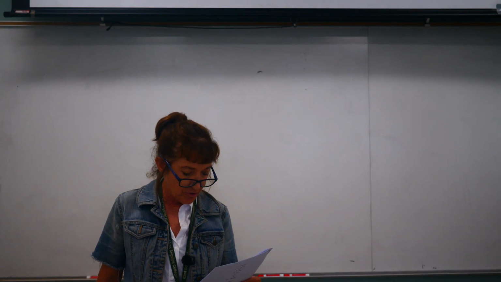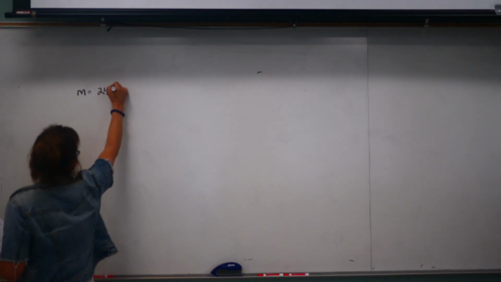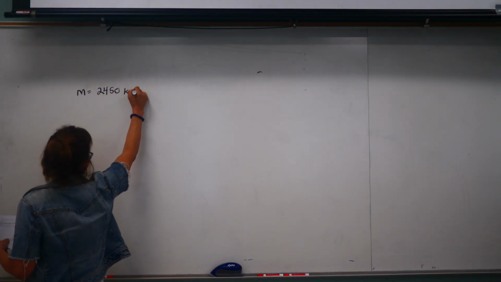A 2,450 kilogram test rocket is launched vertically from the launch pad. Its fuel provides a thrust force such that its vertical velocity as a function of time is given by... so what do we know? We know mass is equal to 2,450 kg.